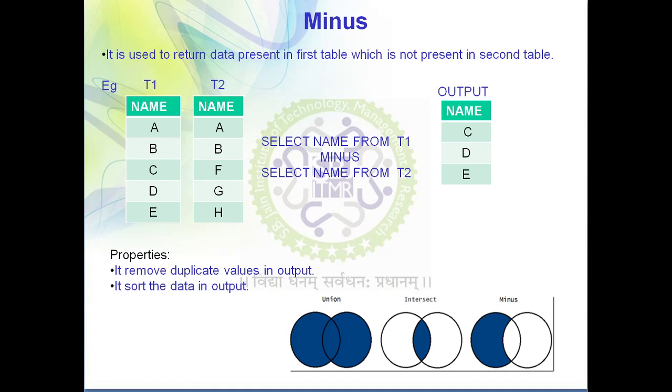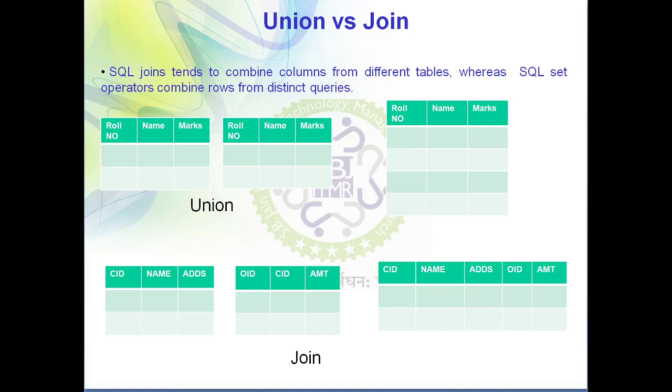So I hope you understand the concept of union, union all, intersect and minus. Now at the last we need to understand what is the exact difference between join and set operator, when you should go for a set operator and when you should go for a join operator. In this case you can see this blank table. Why have I shown this?